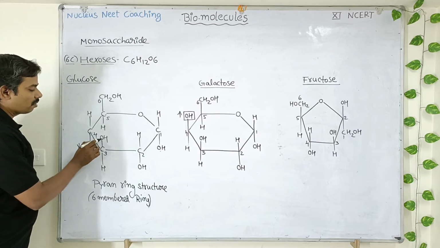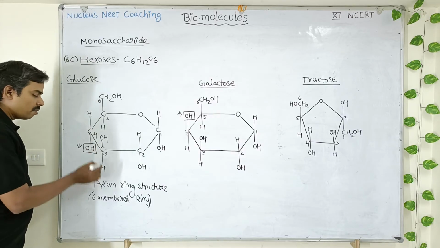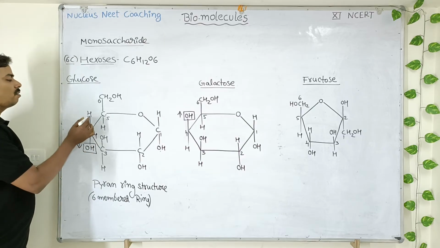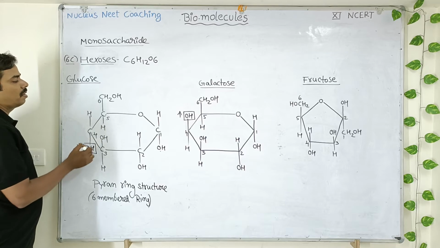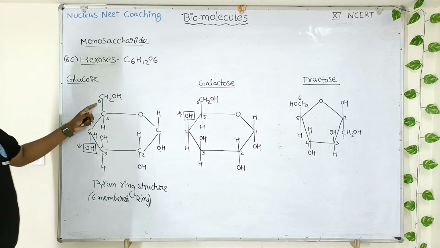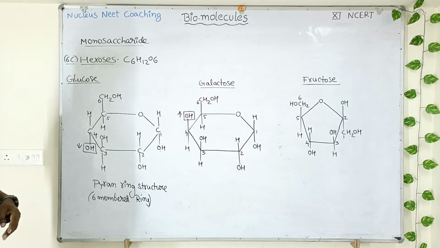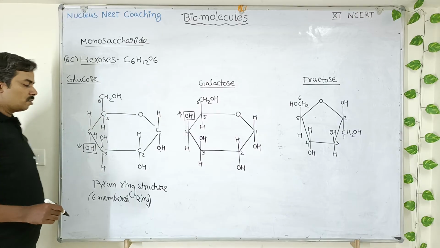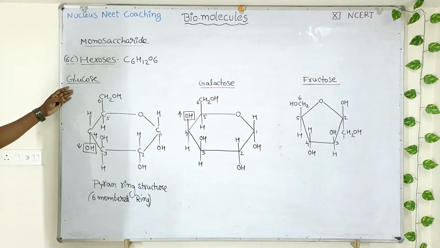Third carbon has OH group towards top, hydrogen down. Fourth carbon, OH is facing down, hydrogen is upside, and the fifth carbon is attached to the sixth carbon. Note here, the sixth carbon is out of the pyran ring structure. The sixth carbon is attached to an OH group. So this forms the structure of glucose.